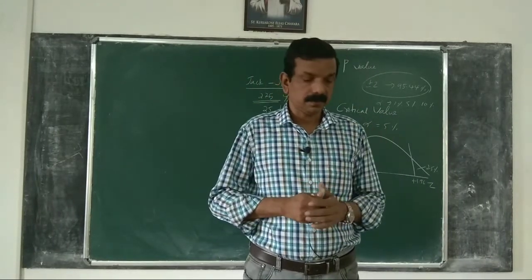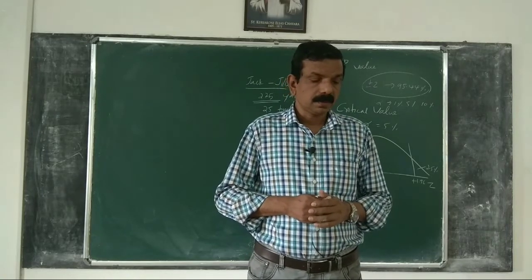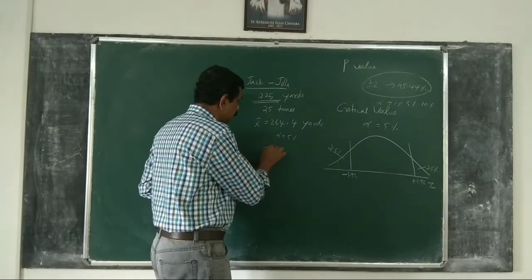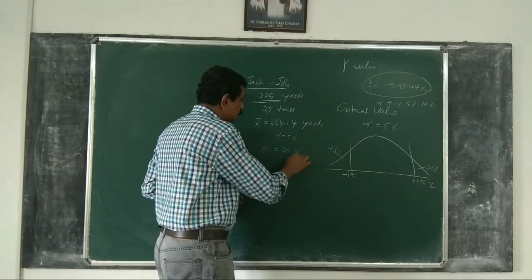To test this hypothesis using the critical value approach, we assume that the driving distances are normally distributed with a population standard deviation sigma equal to 20 yards.